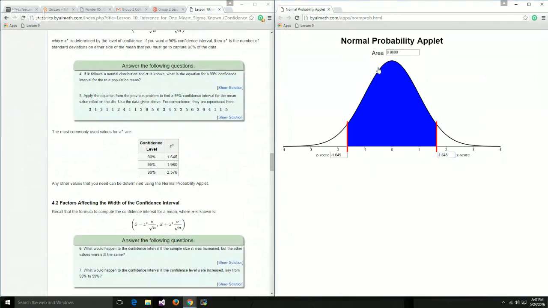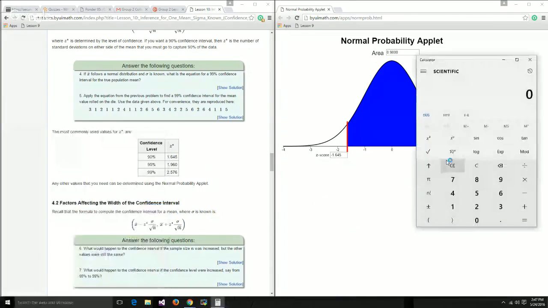I just put it into the probability applet. I don't like having to memorize. So we'll use the z-score and times it by the standard deviation divided by the square root of n. Probably right then, because you probably did the calculations right.